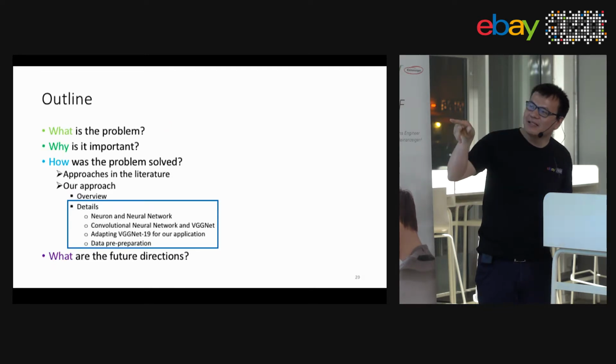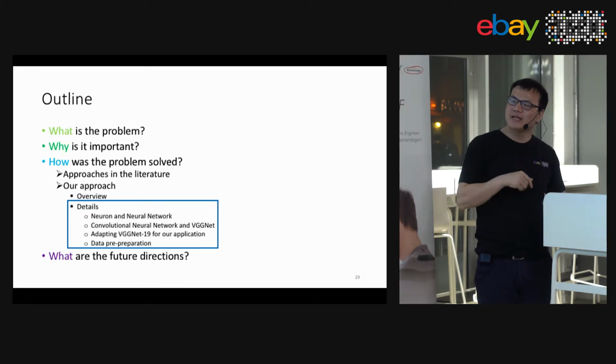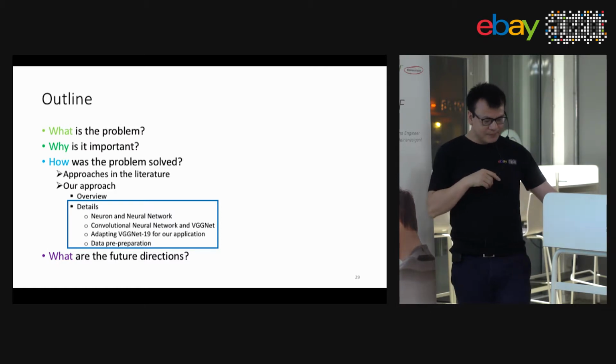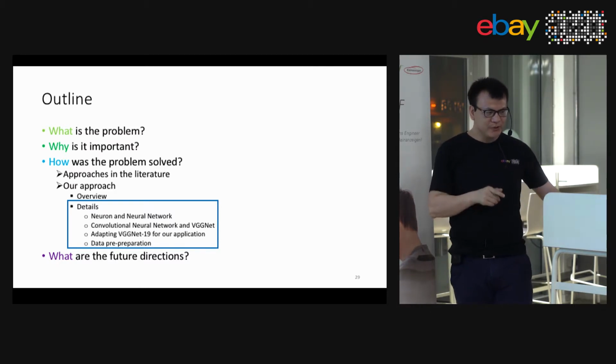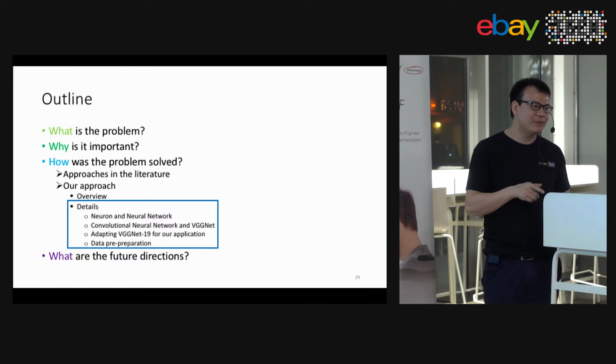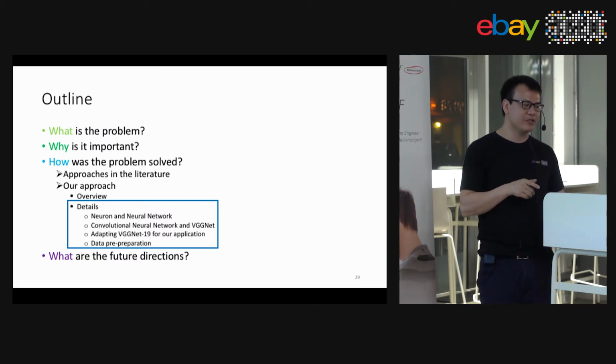Okay, this is the outline of the details. So the convolutional neural network is one type of deep learning, as I mentioned. And deep learning itself is nothing but a neural network. So we will start by introducing what a neuron is and what a neural network is from a mathematical perspective.